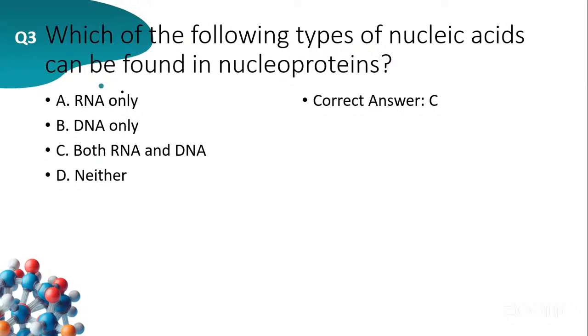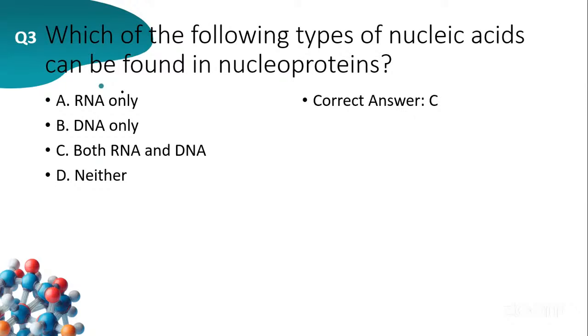Question number 3. Which of the following types of nucleic acids can be found in nucleoproteins? A. RNAs only.